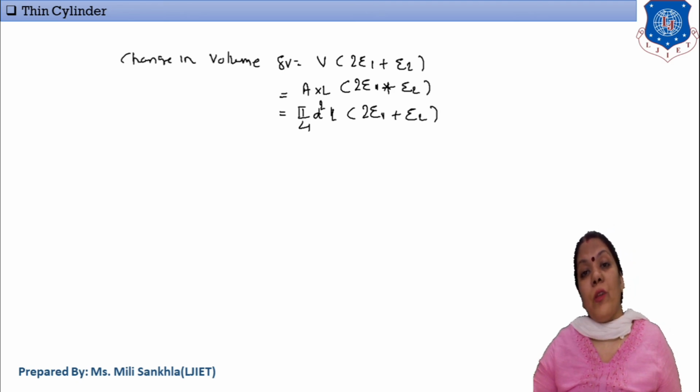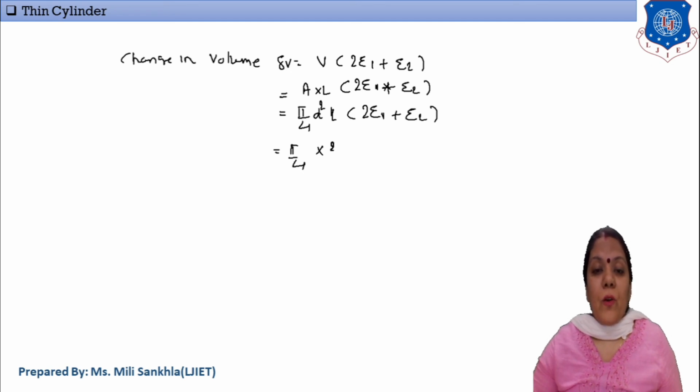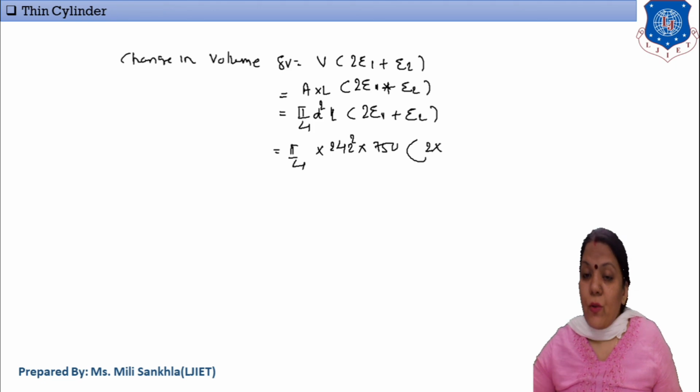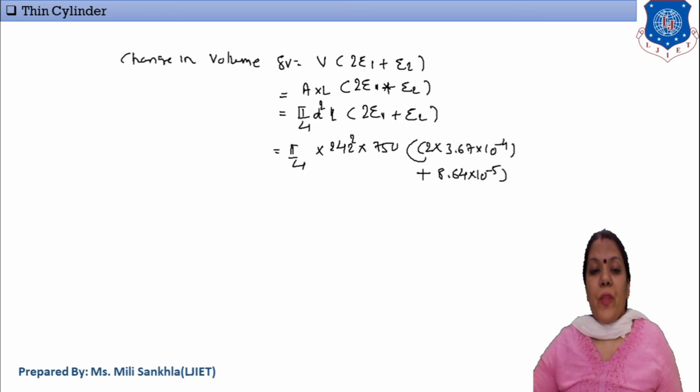Now one by one put the values here. Pi by 4 times the internal diameter 242 square, L is equal to 750, and here 2 into epsilon 1, which is 3.67 into 10 raised to minus 4, this is my first, and plus second epsilon 2 is equal to 8.64 into 10 raised to minus 5.